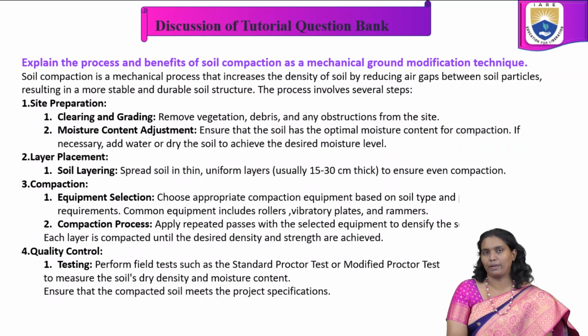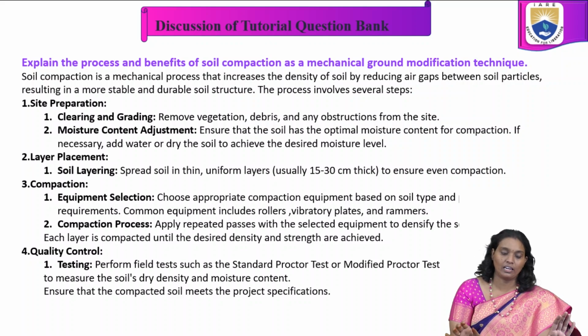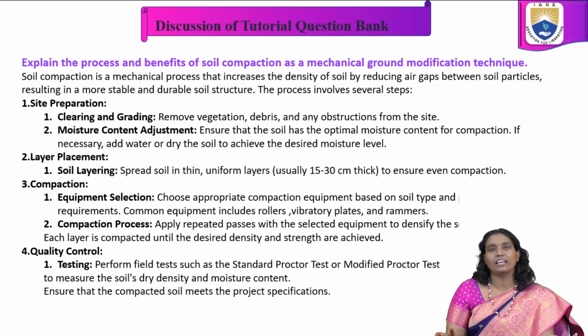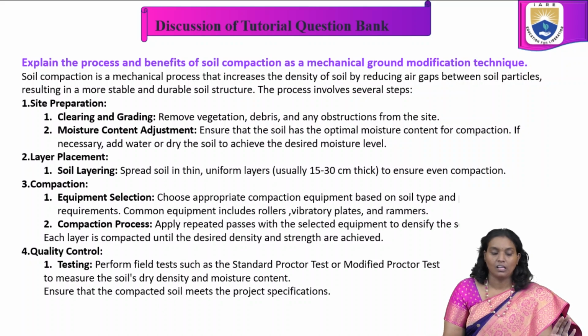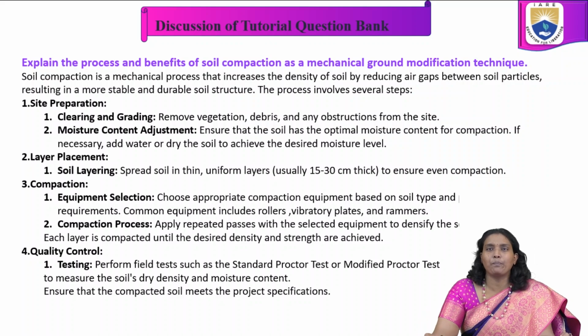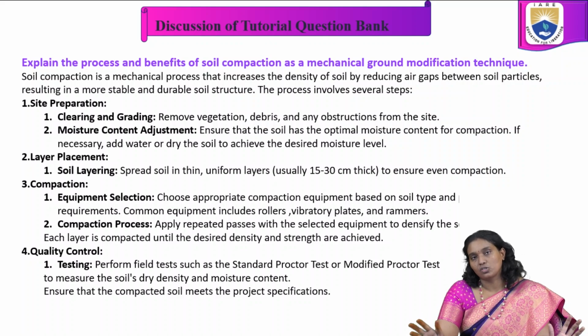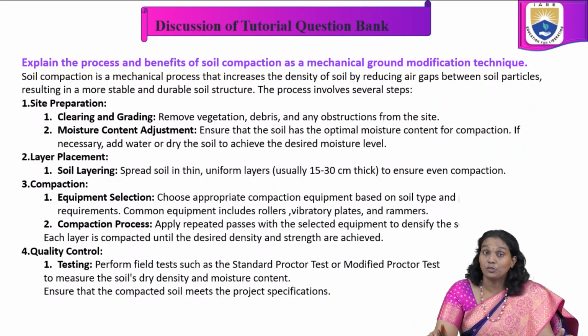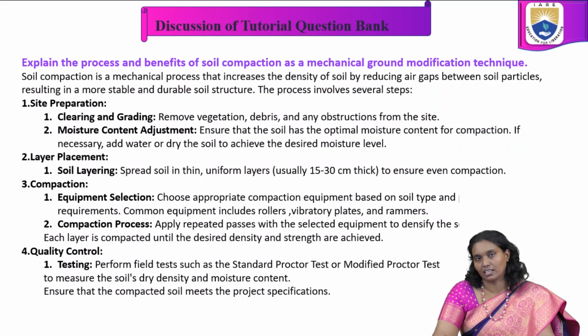So briefly, I am explaining that based on the given marks, please elaborate and write the answers as per the question. Understanding the question is very important in any sort of examination. So in this, explain the process. We know mechanical modification: we alter the soil properties as per the requirement of construction work.